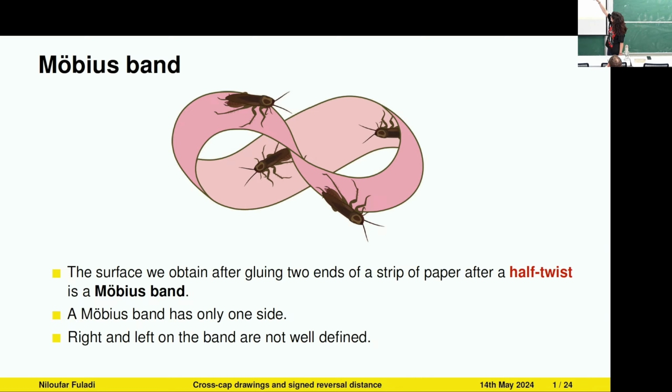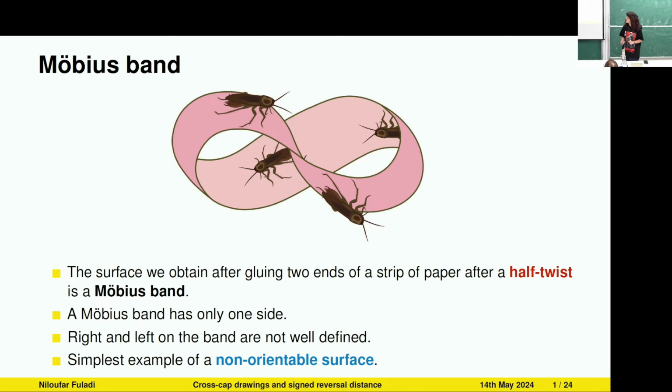What the cockroach sees at the top at its right is going to be at its left after walking once along the strip. So this is the easiest example of a non-orientable surface, which is what most of my talk will be about.